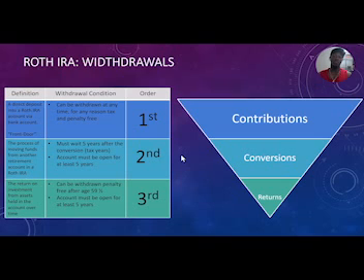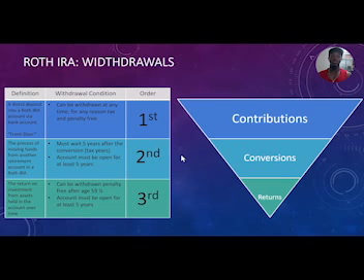So let's say, for example, you have an account with a mix of different funds. If you want to pull money out of the account, it gets pulled out in this order. If you have a mix of number one, number two, and number three in the account, right? You got a conversion in there, you got some earnings in there because the account is a few years old, and you obviously have contributions in there. If you were to make a withdrawal, your number ones would come out first, right?